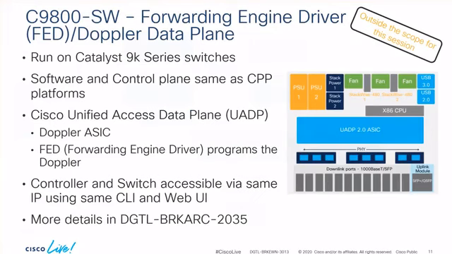In case of a CPP, you would have the CPP client programming the QFP, whereas in here you would have the FED driver programming the Doppler ASIC. But this is a session that will not really be discussing this particular architecture in detail. There's another Cisco Live session that goes into far more detail, so please refer to that if this particular platform is of interest to you.